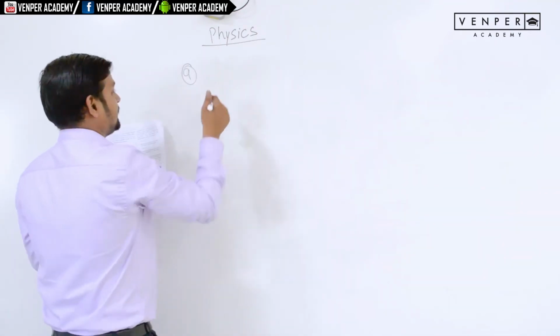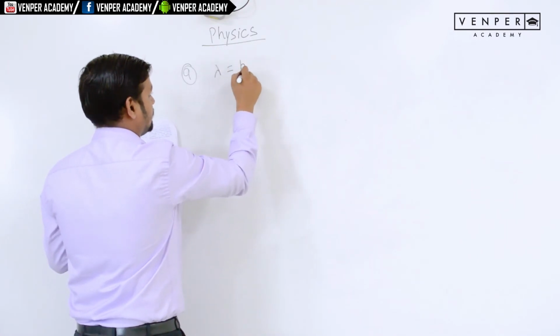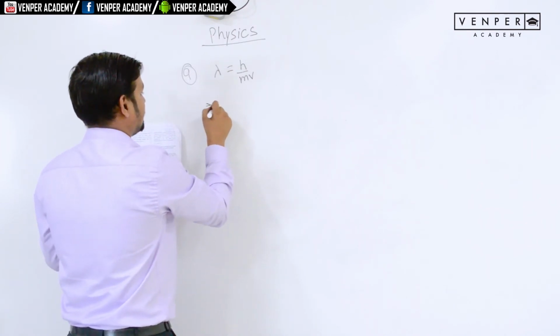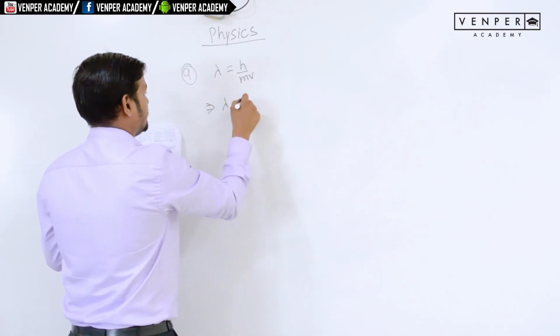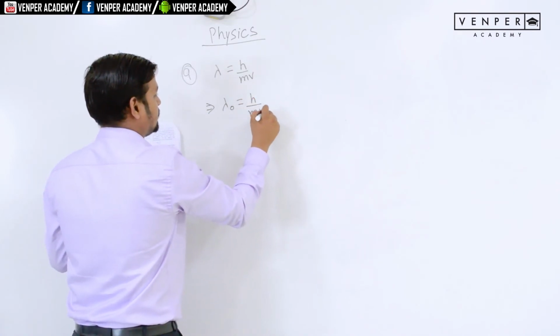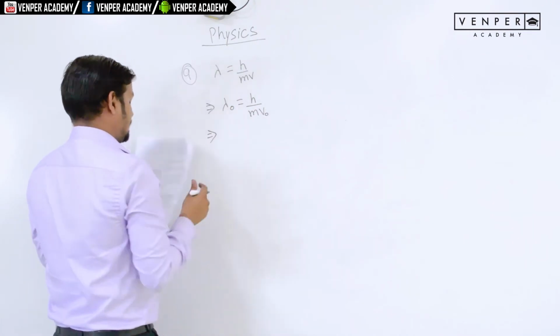See here, we know one thing, that de Broglie wavelength lambda will be equal to h upon mv. Clear? And it is given that lambda naught is its de Broglie wavelength, so you can say that lambda naught will be equal to h upon m v naught. Clear?